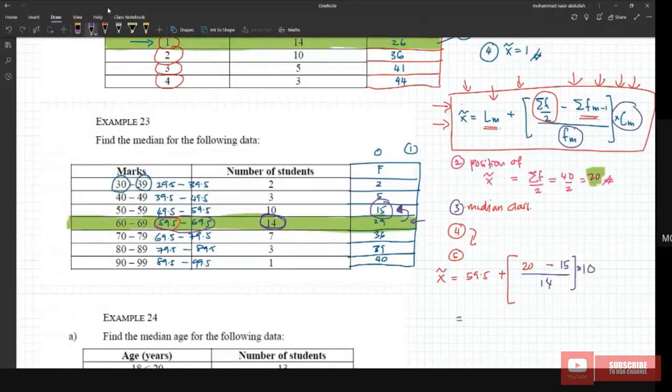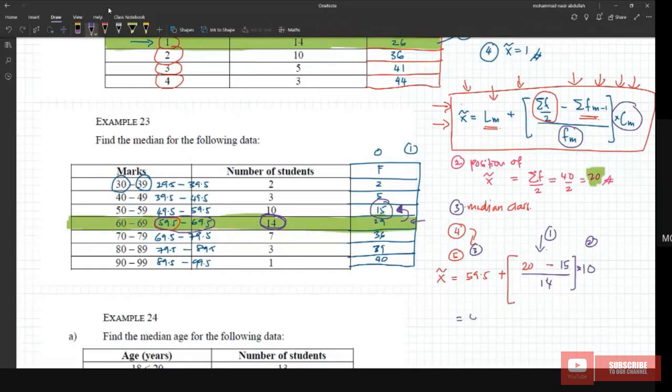Right? So once you put the values in the formula, you just solve the first one. You need to solve for this one. 20 minus 15 divided by 14, multiply with 10. This is the first step, second step, third step. Multiply with 10 plus 59.5.